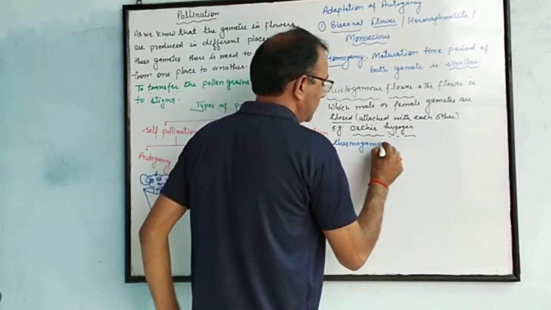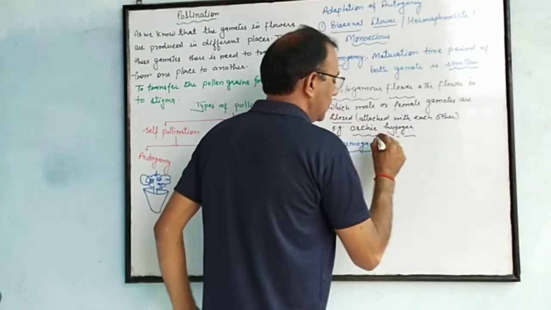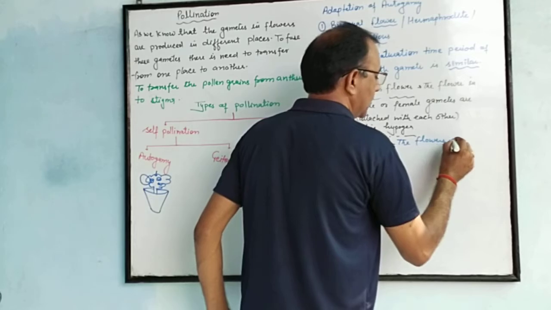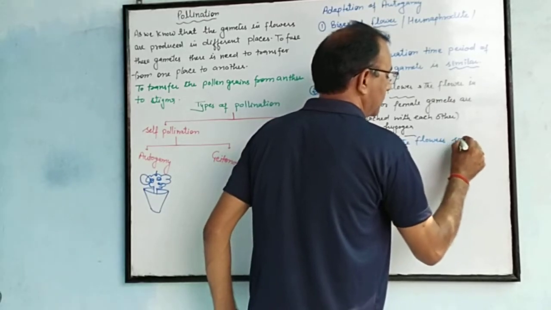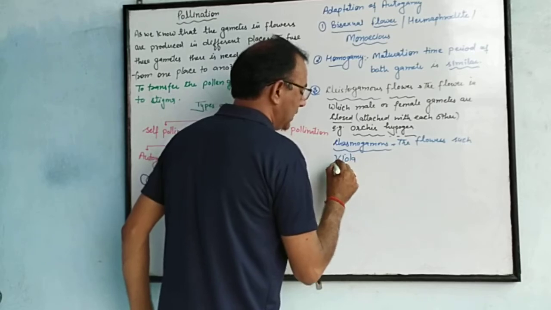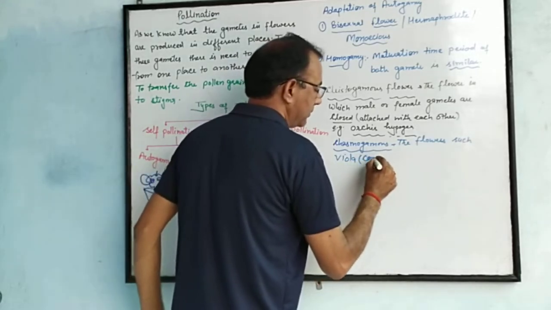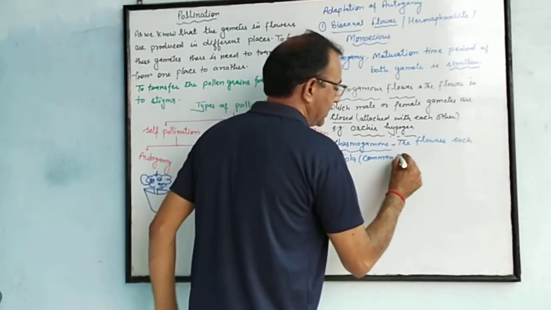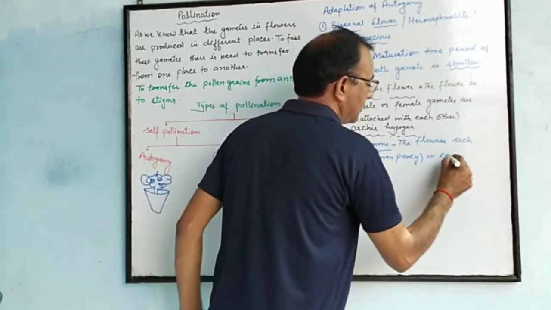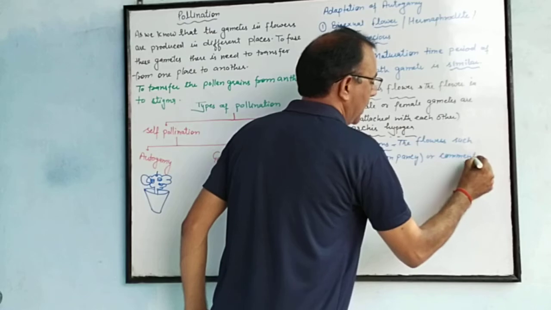Chasmogamous. The flowers such as viola. Viola is also known as common pansy. Or commelina.